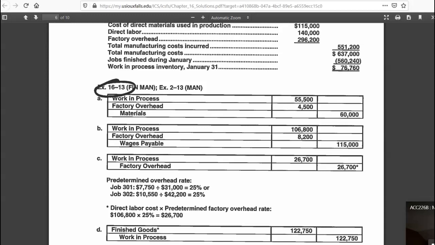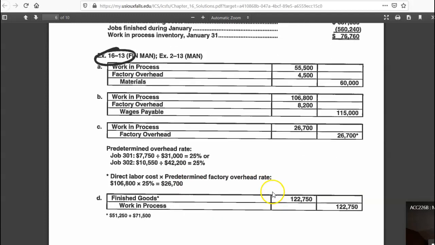Or if you look on this screen, what we say factory overhead was being applied at? 25% of direct labor costs. Well, look at here. This is direct labor for all four jobs. Take that times 25% and you'll get 26,700. That's what they're doing right here.